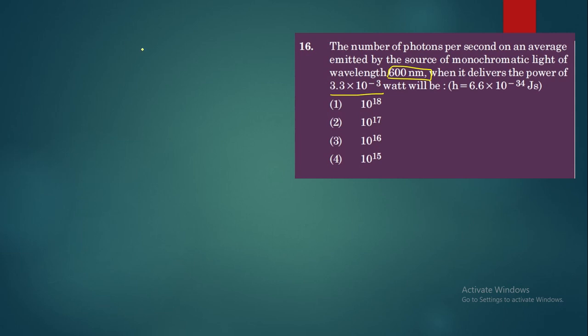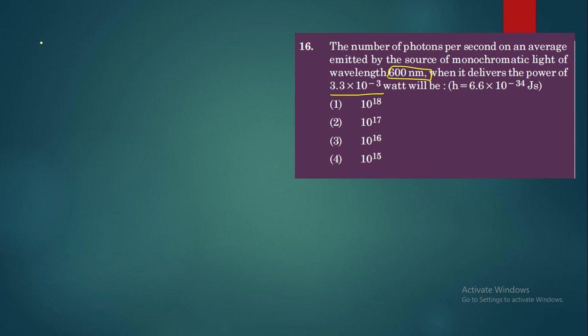Let's understand the question again. There are photons, and we know photons will carry some energy. Some wavelength will be associated with the photons, and photon will carry some energy as well as the power.